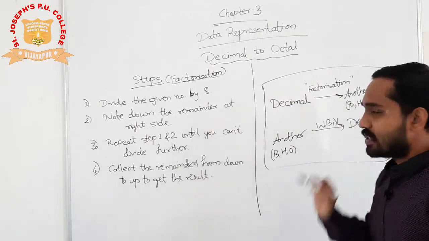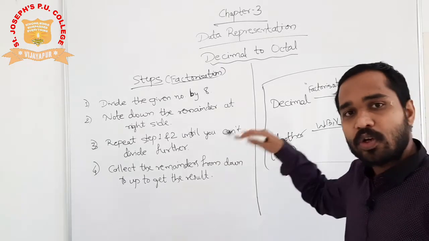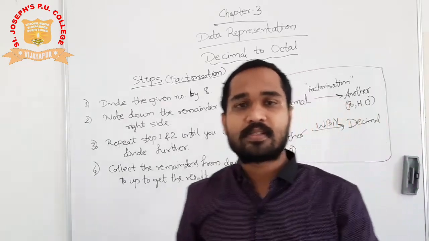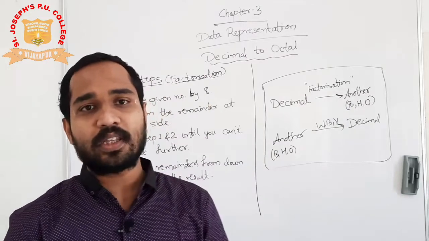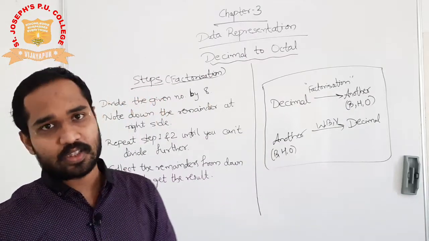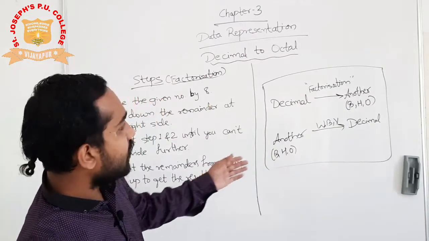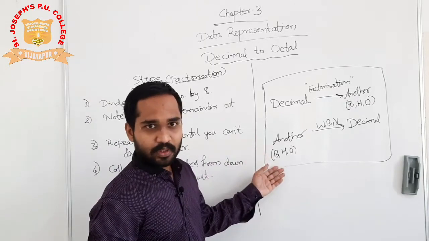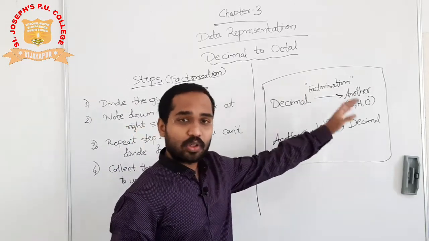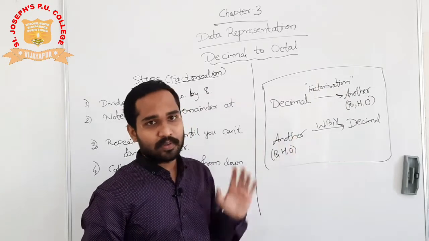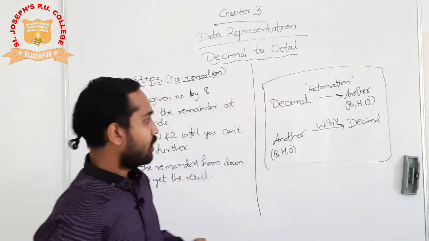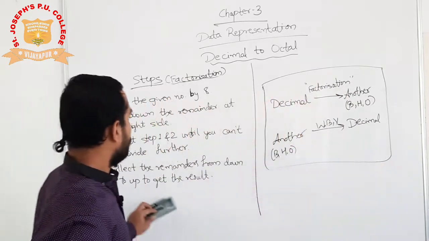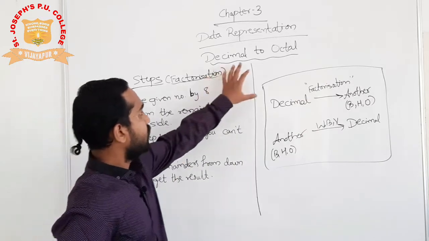If a decimal number is given and you want to convert it to any other number system, then which method do you go for? You have to go for factorization. If any other number system is given and you want to convert it to decimal, then the WBV method has to be used. So shall we see now which conversion is needed?